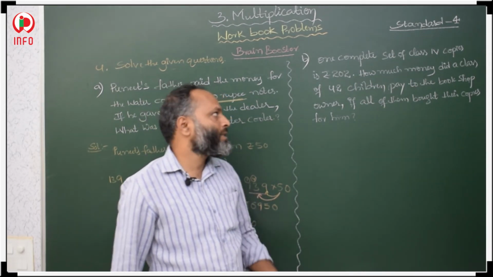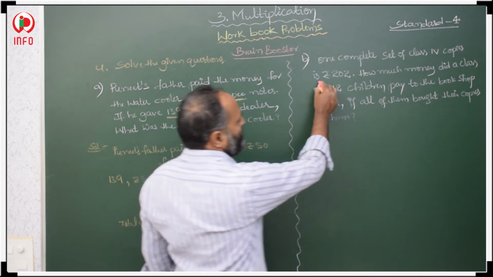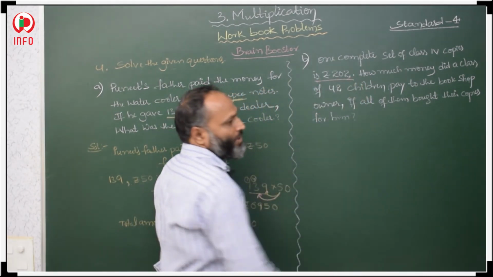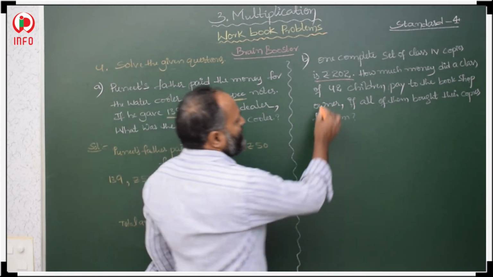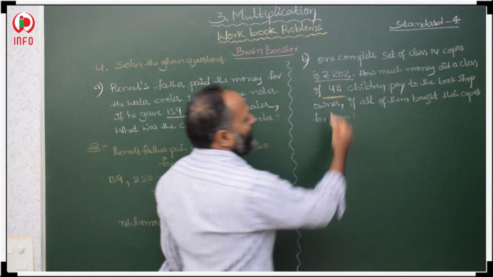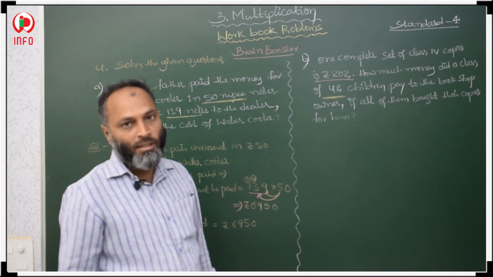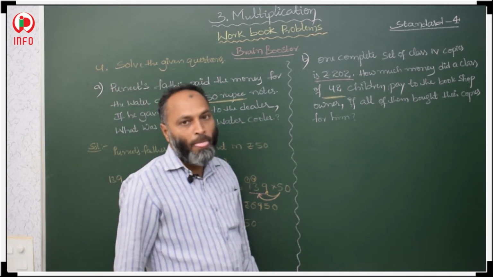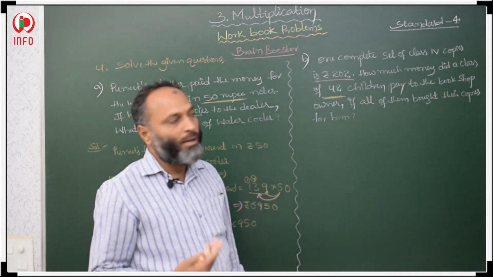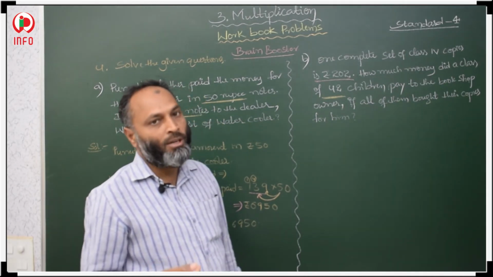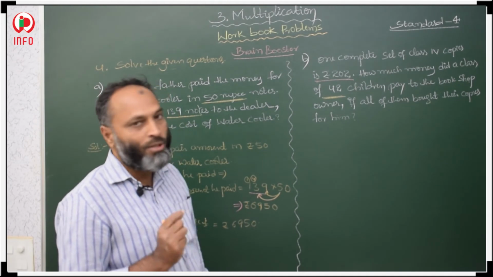So first, what is the cost of one set? 202 rupees. Then how many copies were there? 42 children were there. Total 42 children means 42 sets they need. If all children purchase books, then how much amount do they have to pay to the shopkeeper?